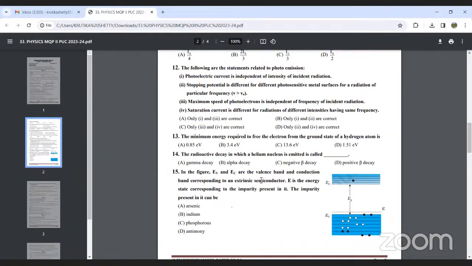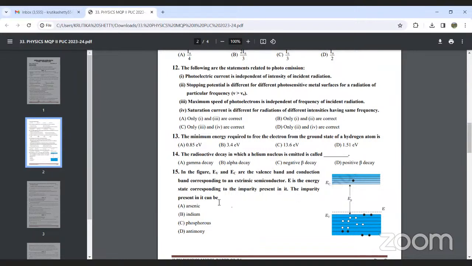See the last question. In the given figure, the figure is shown in the slide. EV and EC are the valence band and the conduction band corresponding to an extrinsic semiconductor. EC is the conduction band, EV is the valence band. E is the energy state corresponding to the impurity present in it.